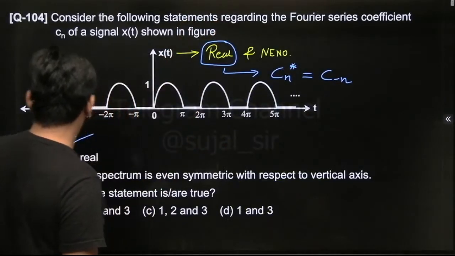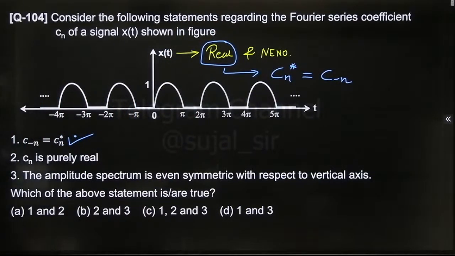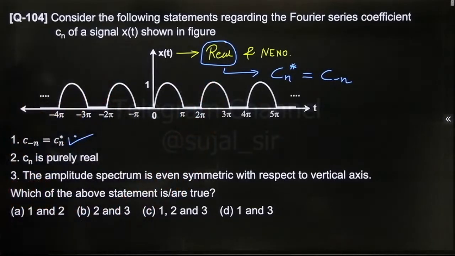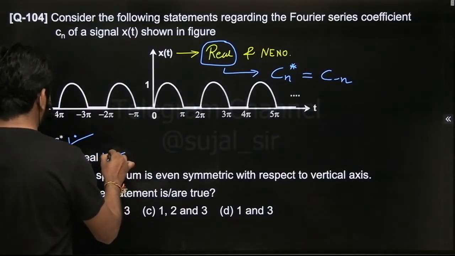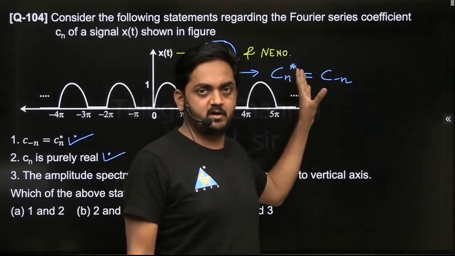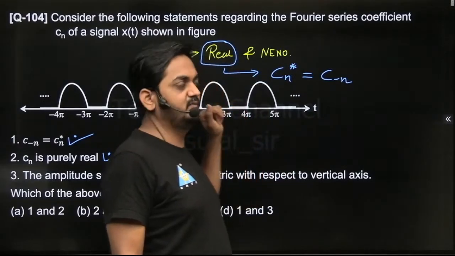But here they are saying that Cn is purely real. Yes, Cn will be purely real because x of t is real, and this is a neither-even-nor-odd function. So the second statement is also true.